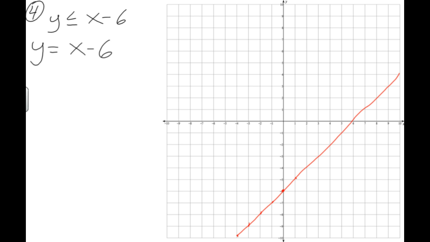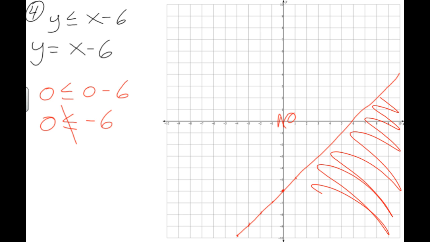So there is my solid line. And then I'm going to check 0, 0. Is 0 less than or equal to 0 minus 6? 0 is not less than or equal to a negative 6. So that means that is a no. So this is the side that is a yes. And that is my graph.